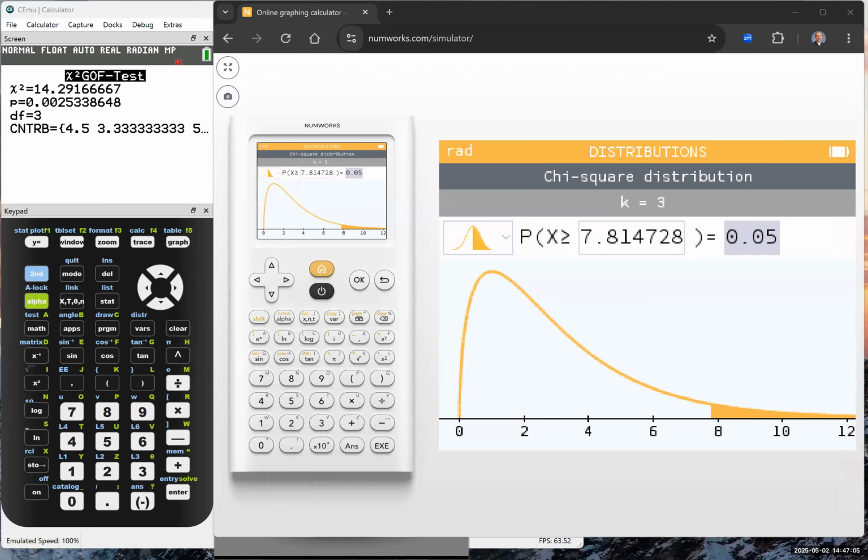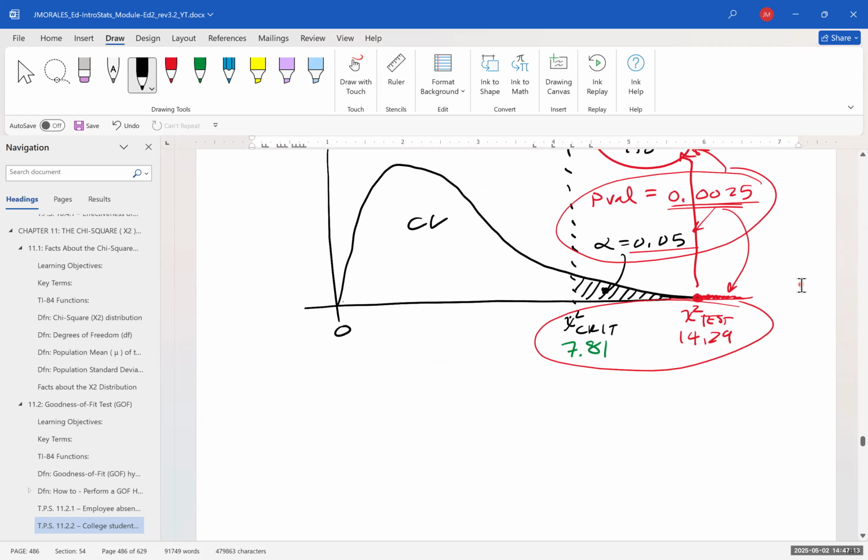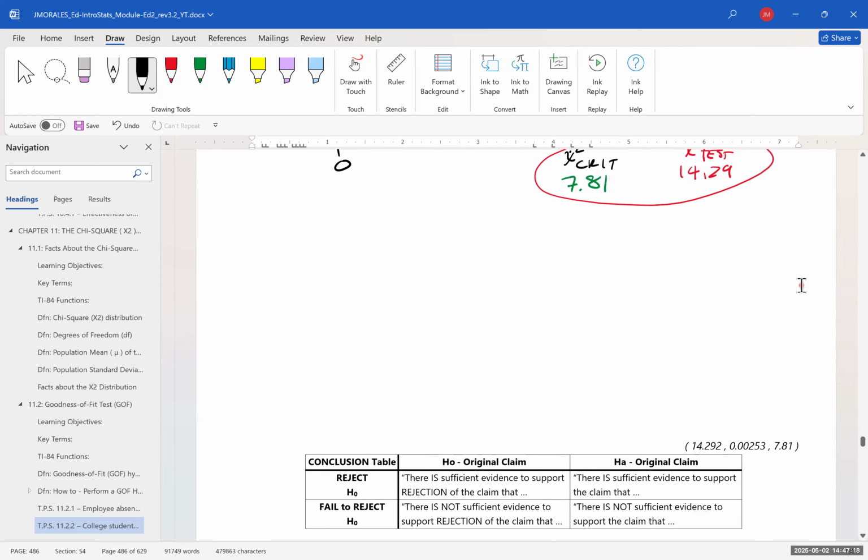Okay, trying to switch to black. There we go. So now I'll go ahead and scroll down and let's give our results and write our conclusion. So step 5 is to write down our results and our conclusion.